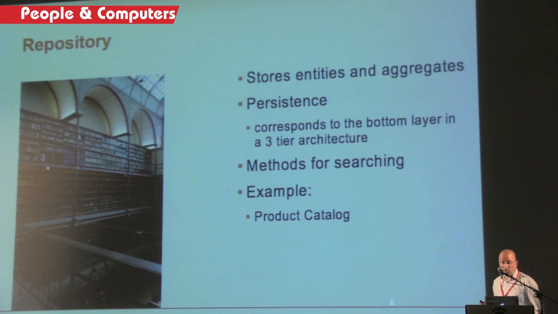And finally, there are repositories, which store entities and aggregates. They are the abstraction in domain-driven design of persistence, so they correspond to the bottom layer in the three-tier architecture. They have methods for searching the entities or the aggregates therein, and so on.